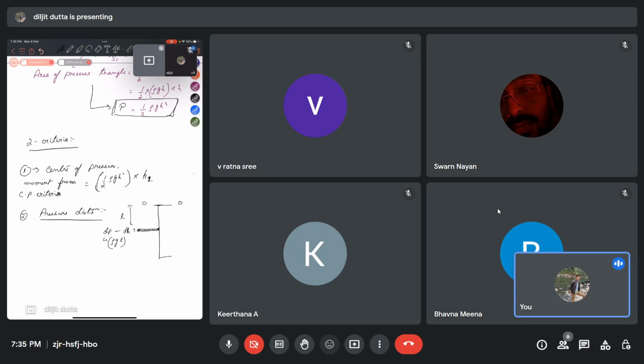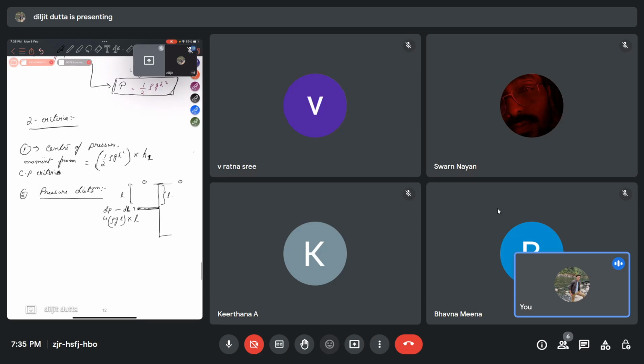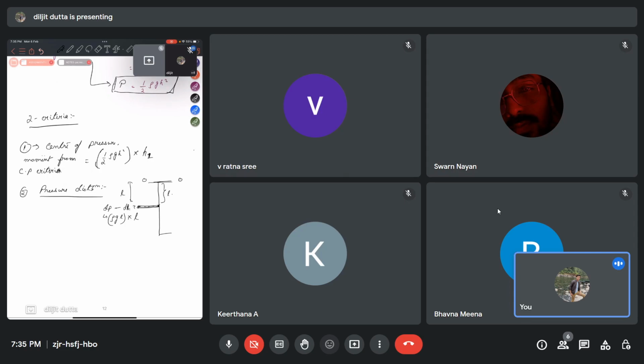It will be rho g L into L, because the length is L. So the moment about this surface OO will be rho g L into L, and we have to integrate this for all the elements. One element will be here, and all the continuous elements till we reach the bottom of the vertical bar.